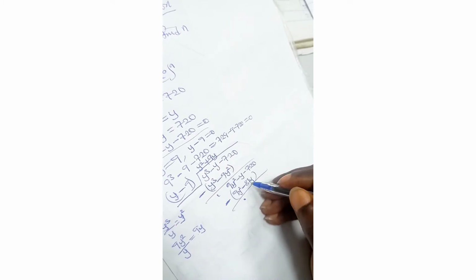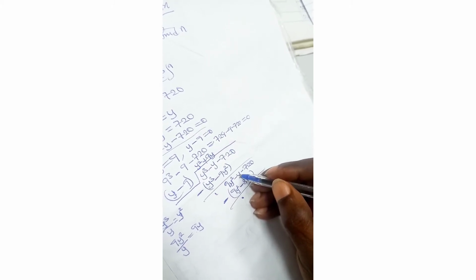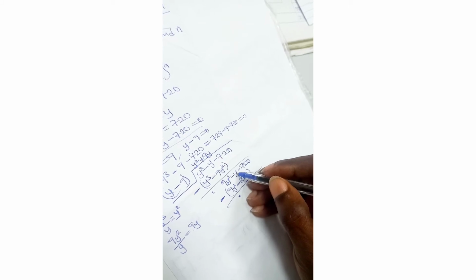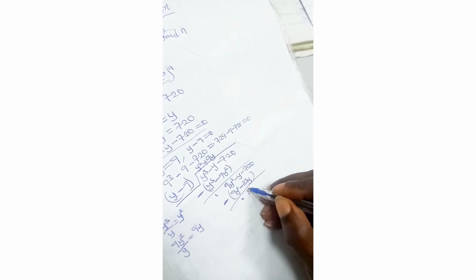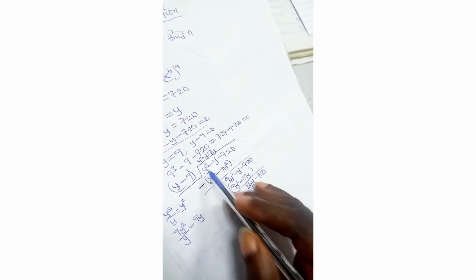Then you have plus 81y minus 1y. That will give you 80y. Remember, you are left with what? Minus 720.